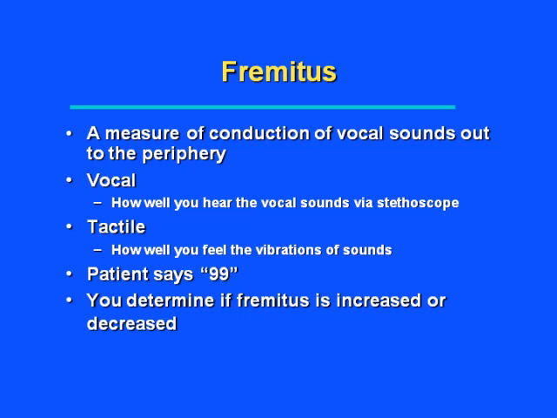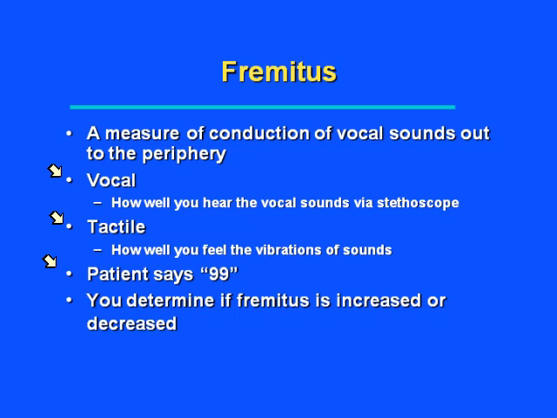So we have two types of fremitus: vocal fremitus and tactile fremitus. So vocal fremitus is how well you hear the vocal sounds with your stethoscope, even though they're both made by the person vocalizing. Tactile fremitus is how well you feel the vibrative sounds with your hand.